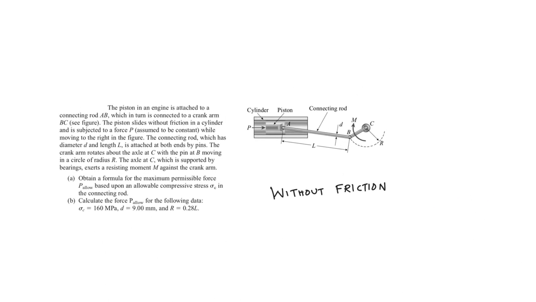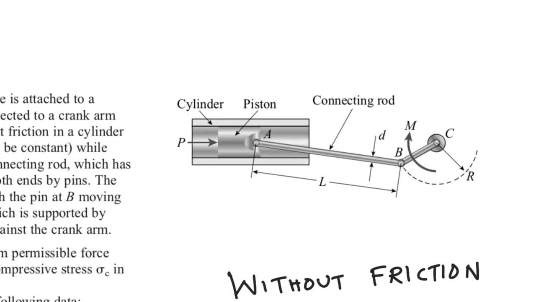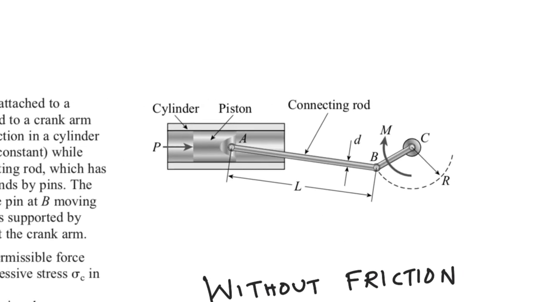We are solving this. For explaining it further, it's like this whole system is moving, but for the time being I'm worried only about the static application of forces. I'm thinking that someone is pushing the piston with a force capital P and someone is resisting the motion of the crank with a resisting moment capital M. So everything is static.